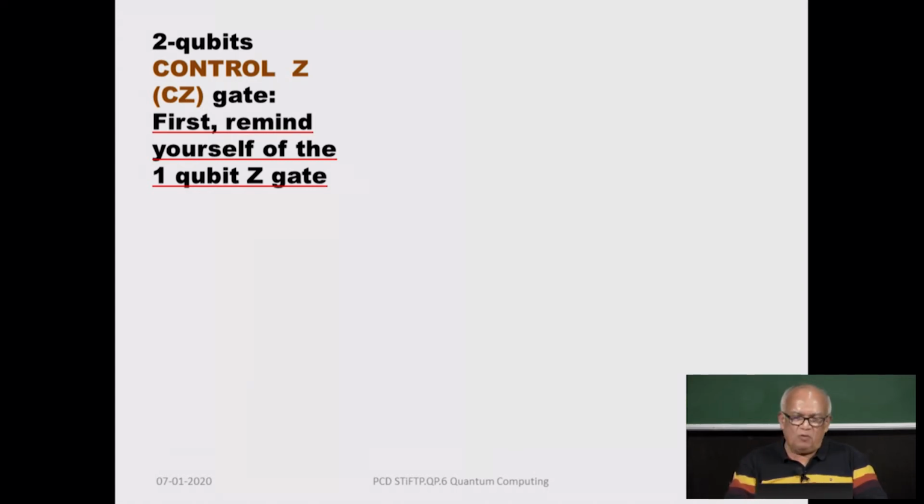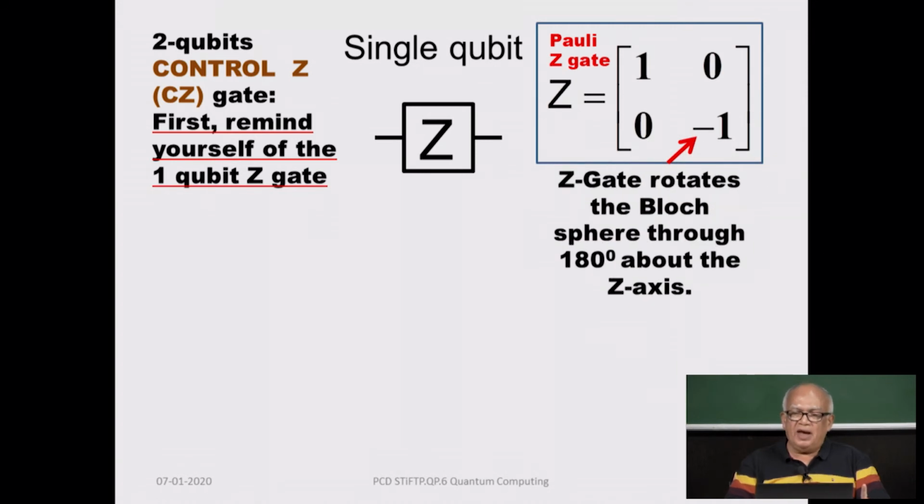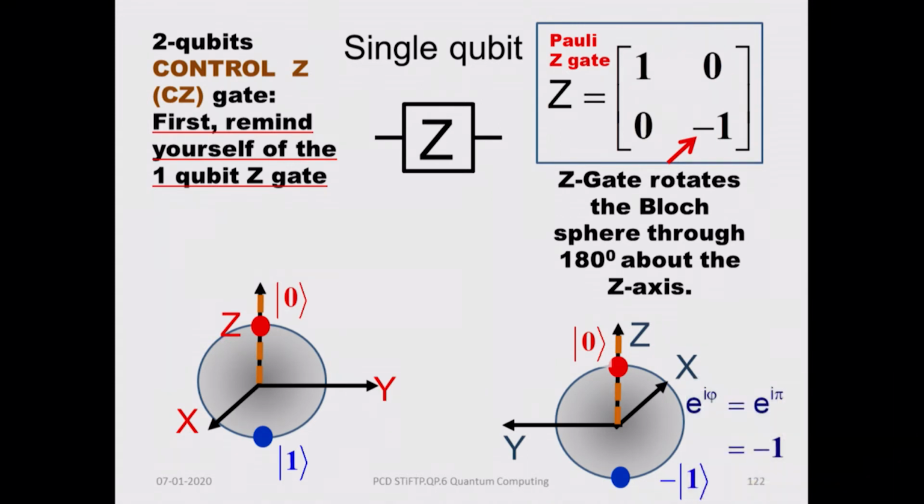So, remind yourself first of what the 1 qubit Z gate did. Okay. So, the 1 qubit Z gate, which was a Pauli Z gate, was represented by the Pauli Z matrix 1 0 0 minus 1, right. There was a minus sign which you should remember, and what it did was to rotate the Bloch sphere through 180 degrees about the Z axis, and the minus sign came because the x axis and the y axis got rotated, right, and the phase is measured with respect to the zx plane or the half zx plane.